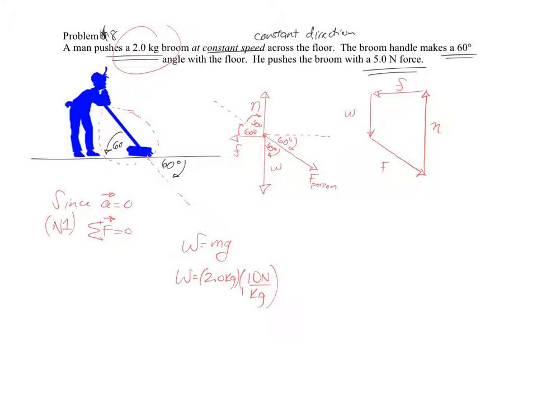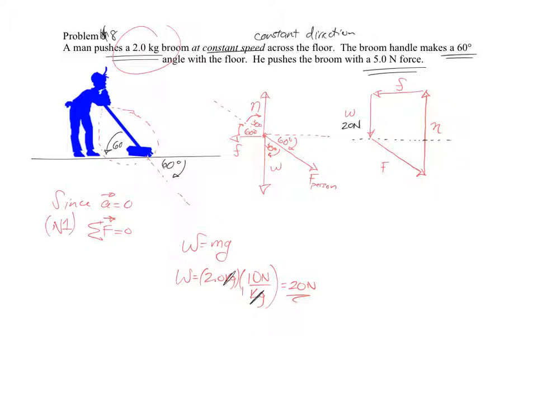So for every kilogram, the Earth pulls with a force of about 10 newtons if you're on the Earth's surface. So kilograms divides into kilograms to make 1. That makes 20 newtons, the weight of the broom, right? So that means this vector here is 20 newtons in length, right? Maybe I'll add some reference lines now.